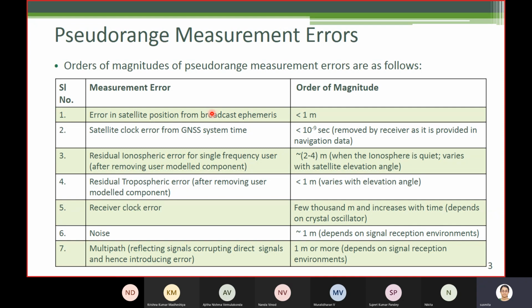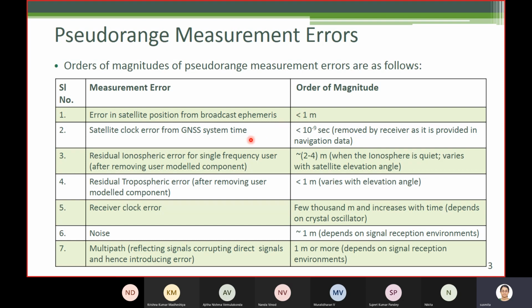Okay, precise ephemeris can be obtained from the internet after some days. But the ephemeris that the satellites broadcast are not as accurate, so they have some inaccuracy. Generally, the order of error in the satellite position that we can generate using the broadcast ephemeris is less than a meter. Okay.